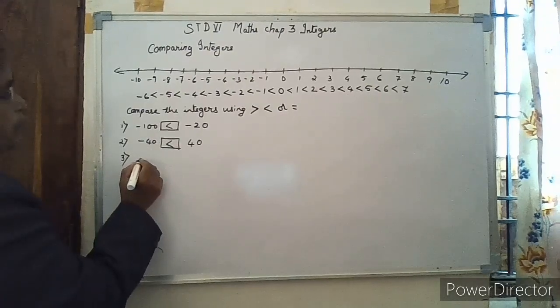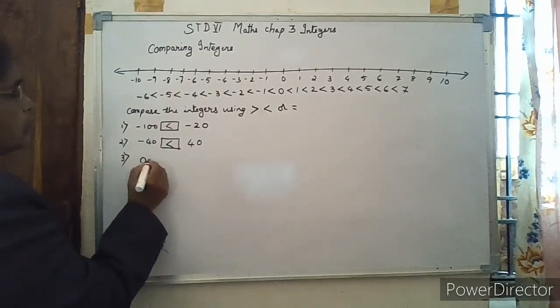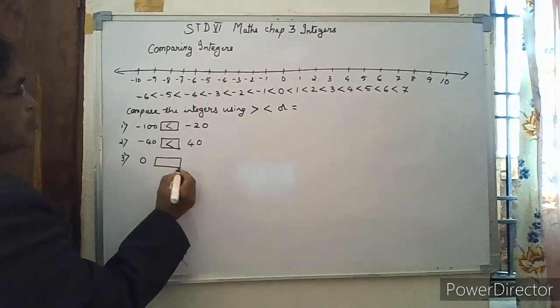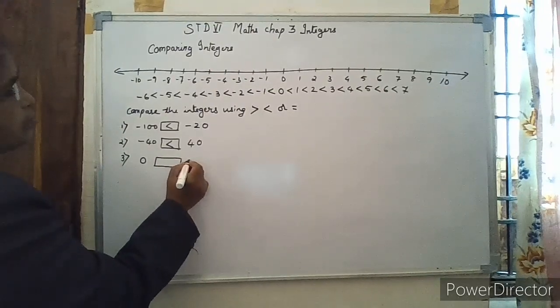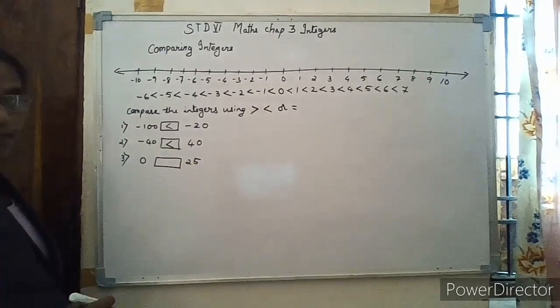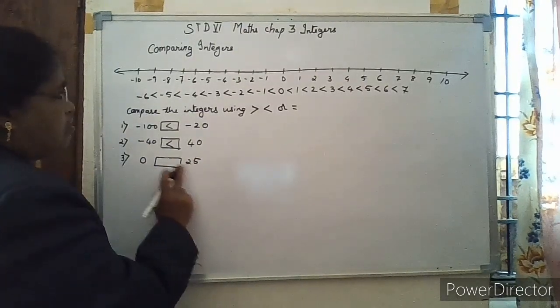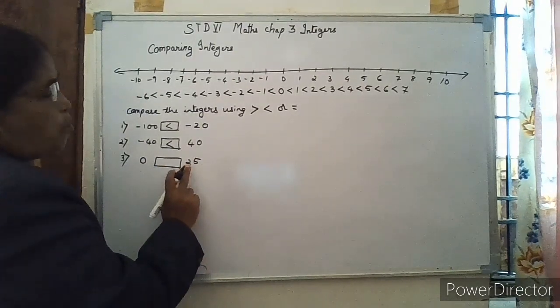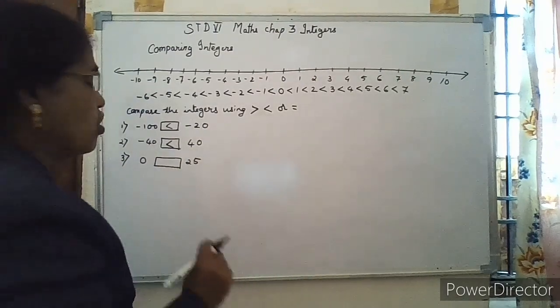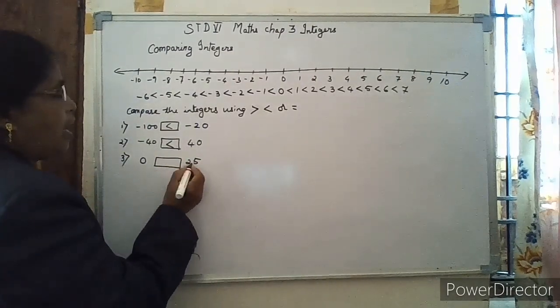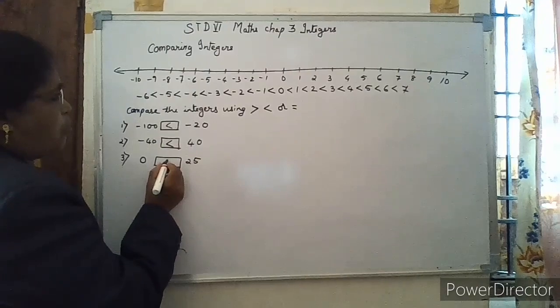Third example: 0 and 25. This is 0 and this is a positive integer. So 0 is smaller than any positive integer.